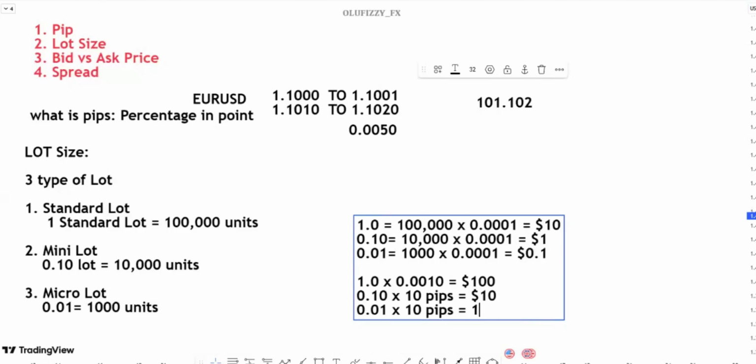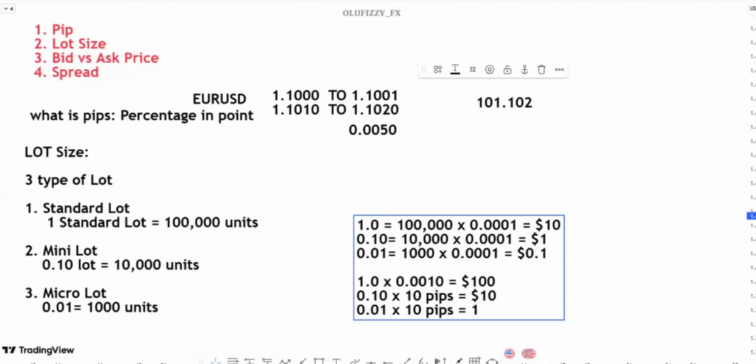I'm going to make another video where I will explain how you can know the actual pip value, because we have different pairs whose actual value is not the same. For the micro lots and mini lots, the pip value is actually not the same thing.